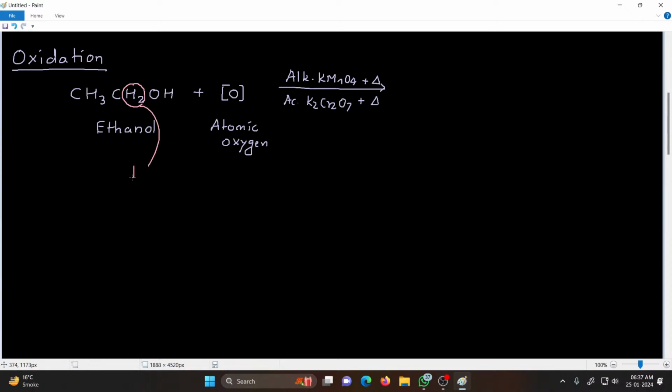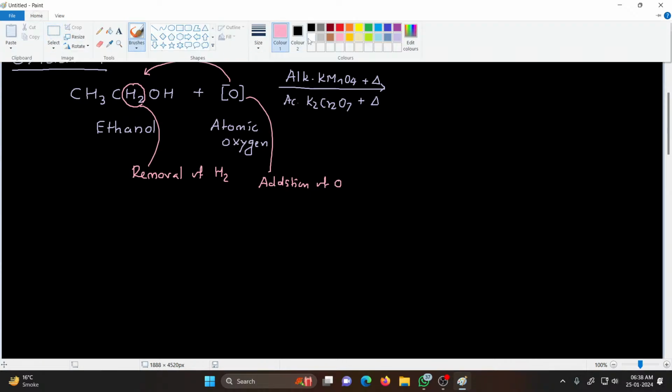So you can say that this is removal of hydrogen, which is also a definition of oxidation, and instead of that, oxygen is added. So addition of oxygen also takes place there.